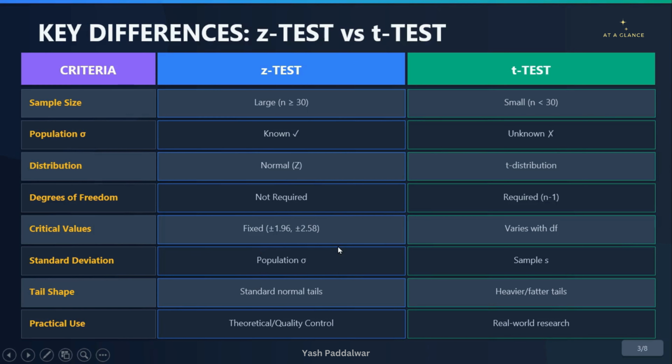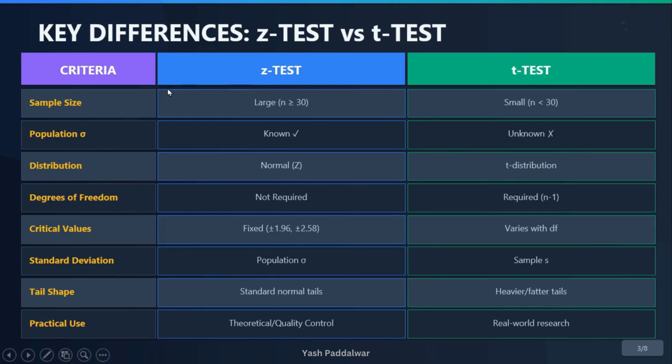In the formula it is like that, and in T test we do not require the population standard deviation. Instead we require the sample standard deviation. Obviously the sample standard deviation will be available to us because the sample is available with us, right? That is why it's easier in terms of T test. Next, talking about the tail shape criteria, the Z test follows a standard normal tail, and the T test has heavier or fatter tail ends.